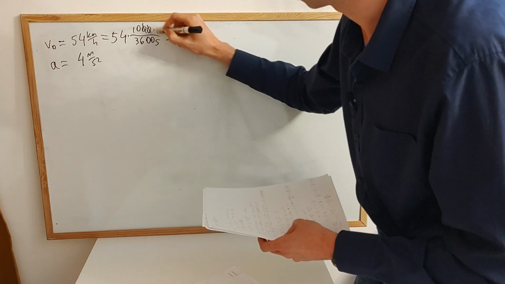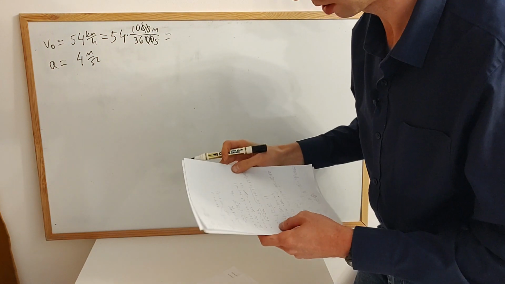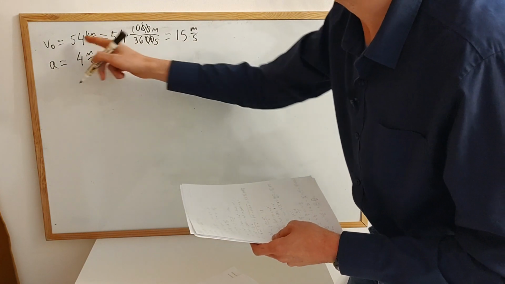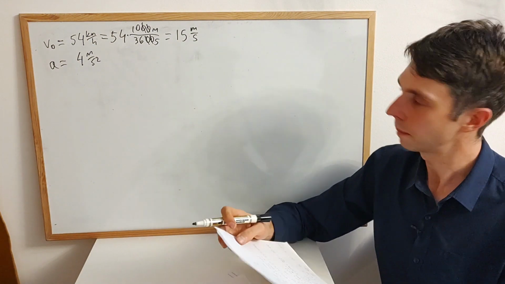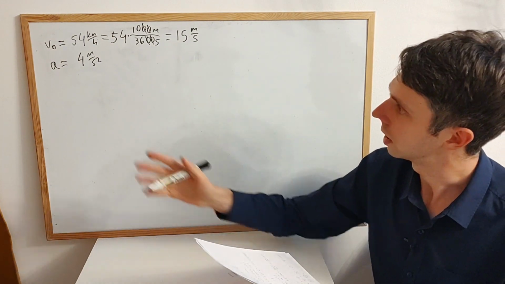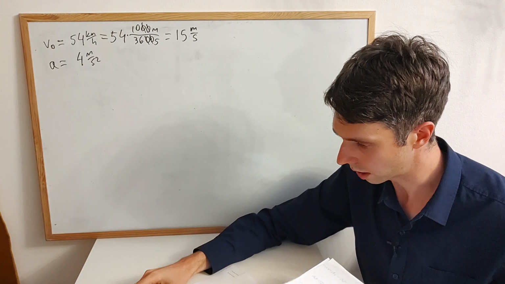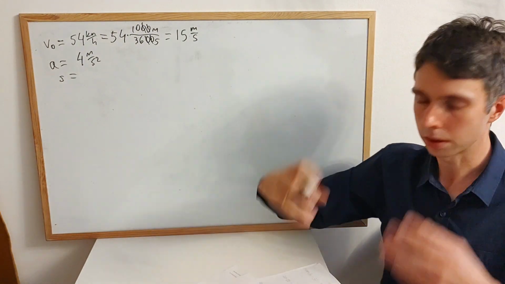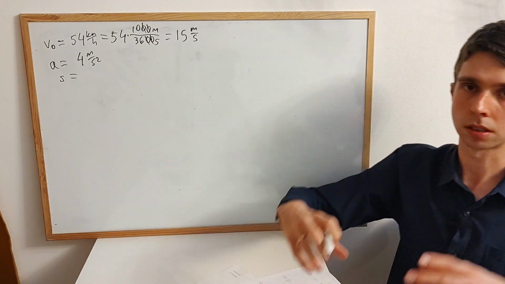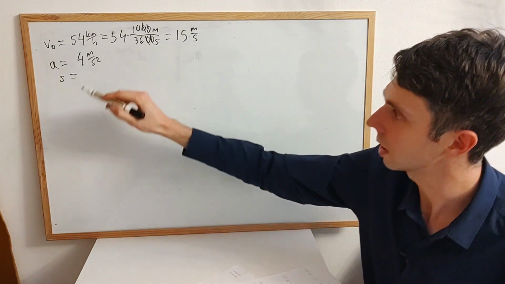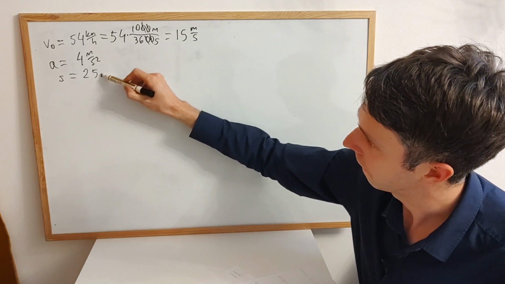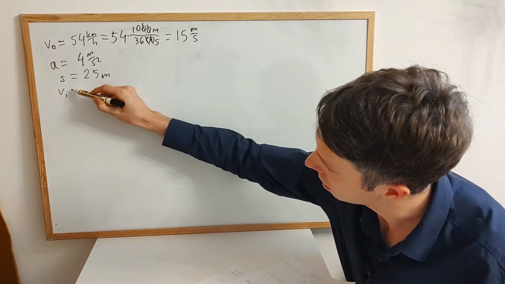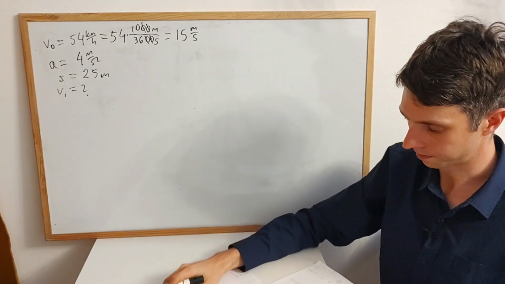So you reduce it and you obtain that this is 15 meters per second. This is the deceleration, and the distance from the point where the driver starts braking to the fallen tree is 25 meters. And in the first part we are supposed to calculate the final speed.